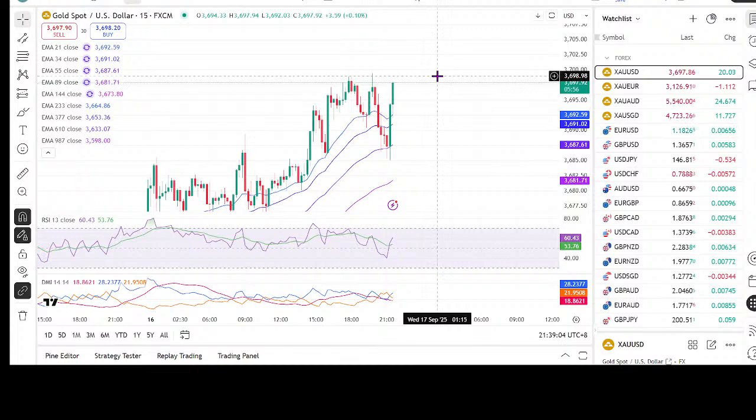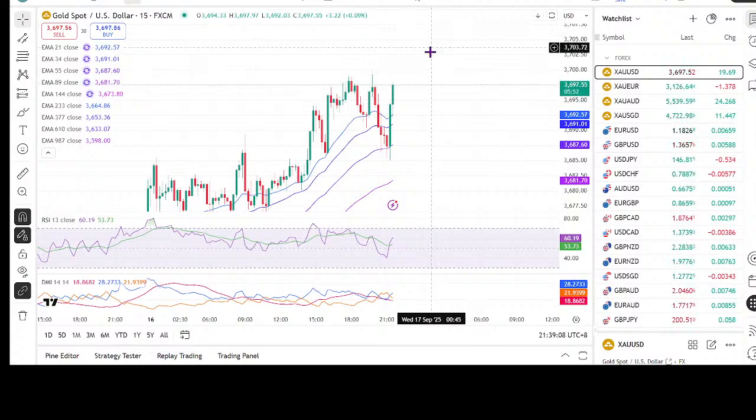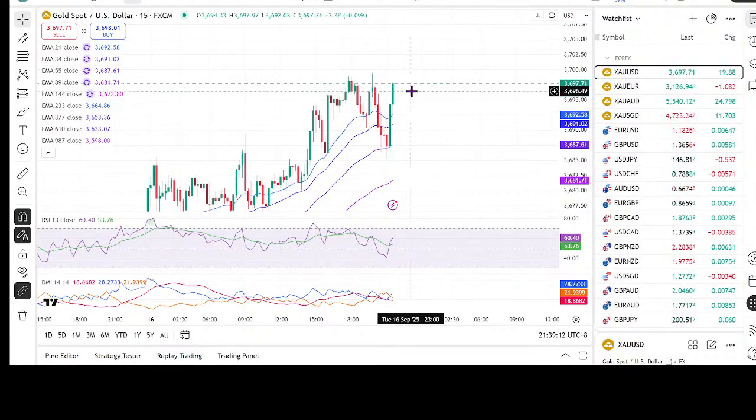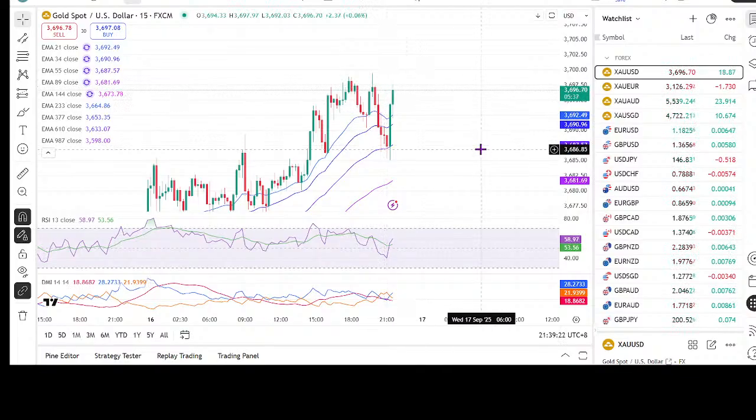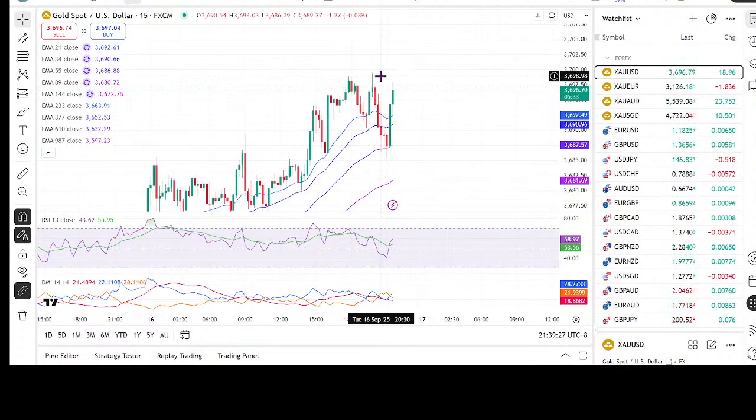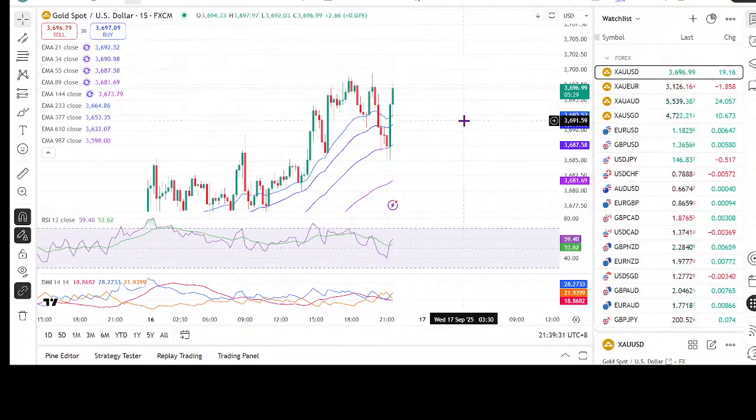So now once it breaks this high, we can expect the price to push higher. I'm just letting you know. So then we have to wait to see whether the price breaks this high. So until it clears, nothing is guaranteed. It might just come and hit or slightly go higher, then may turn down.